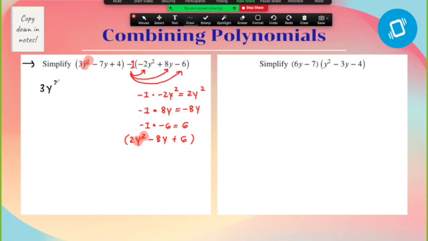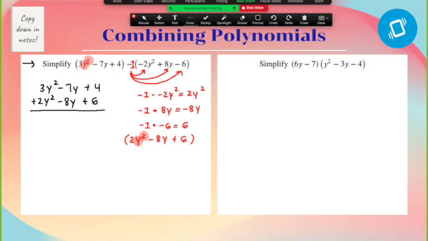We have 3y squared minus 7y plus 4. And then underneath, I'm going to add the 2y squared with the 3y squared, subtract the 8y with the negative 7y, and add the 6 with the positive 4.